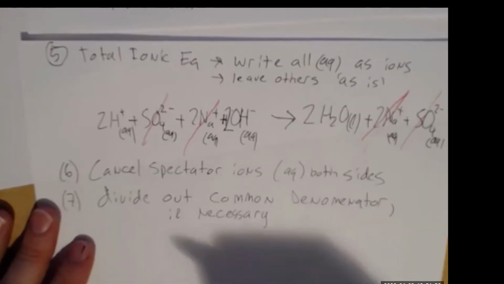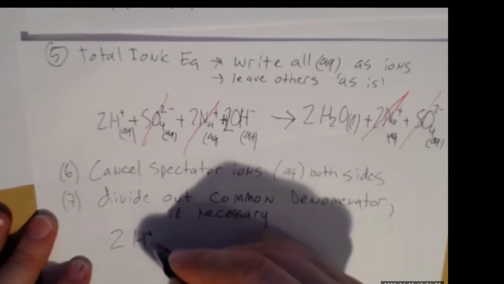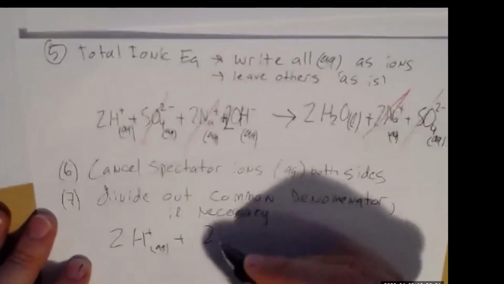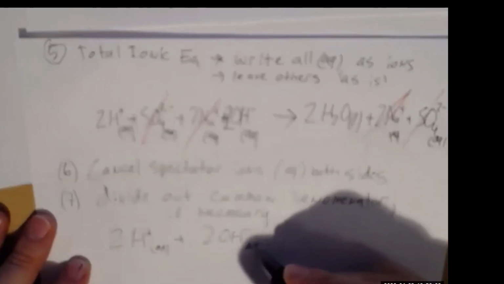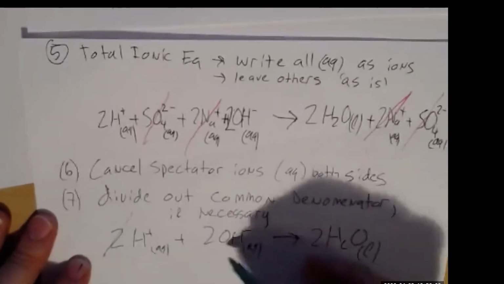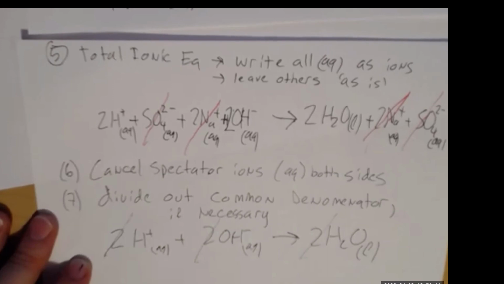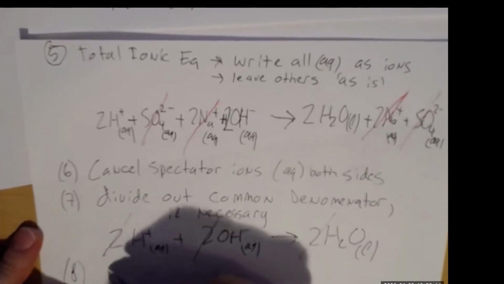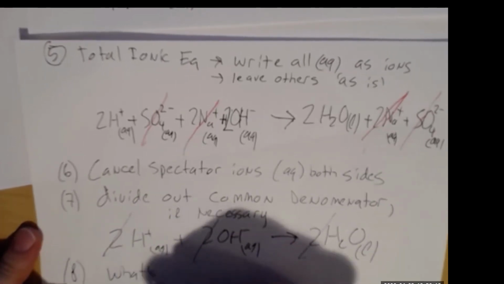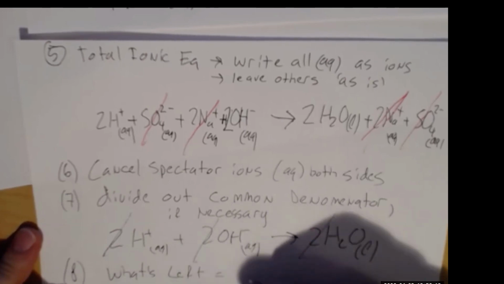Yes, please. Okay, so we have 2H plus aqueous plus 2OH minus aqueous goes to 2 water liquid. So I'm going to divide out the 2. And what's left equals net ionic.